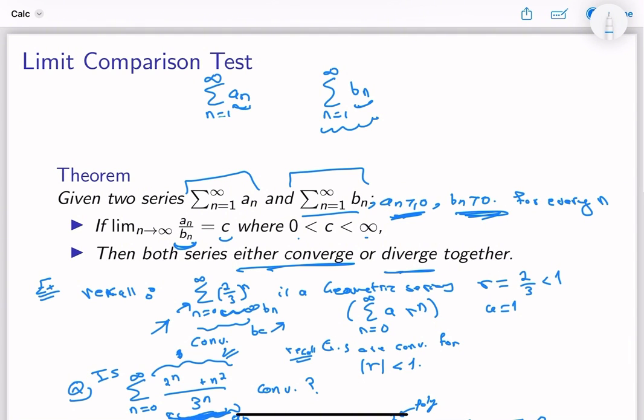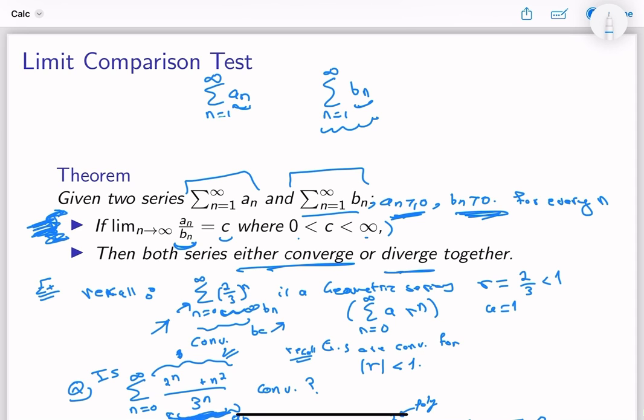The theorem is telling us that if this condition happens, then both of the series converge at the same time or diverge at the same time. So if you know that one of them is convergent, then the second must be convergent. If you know that one of them is divergent, the second must be divergent, if this bullet point is satisfied.